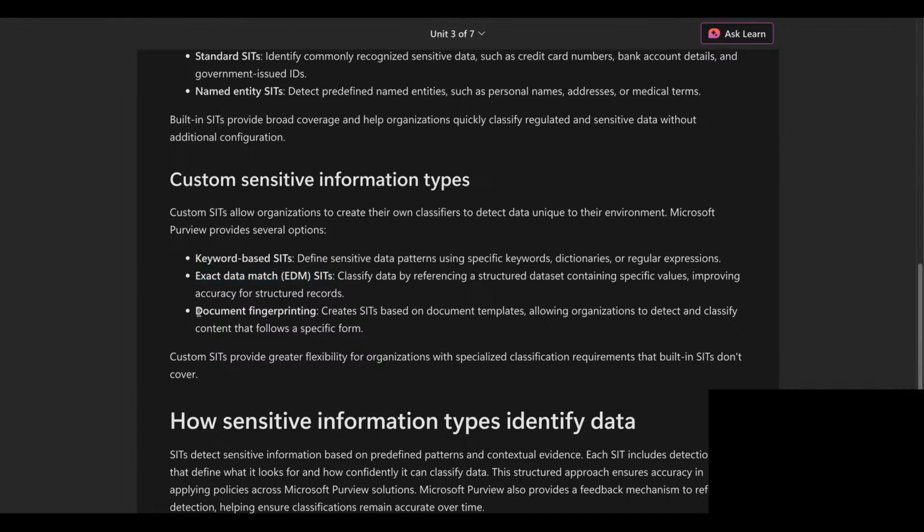And I can use this one, document fingerprinting. This one basically copies the document as it is. So, for example, if I work at maybe the Department of Home Affairs, and they want me to look after the security of birth certificates, for example.